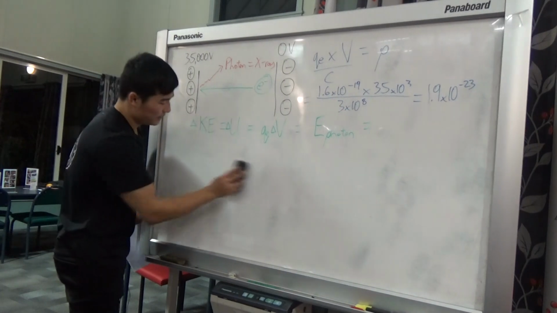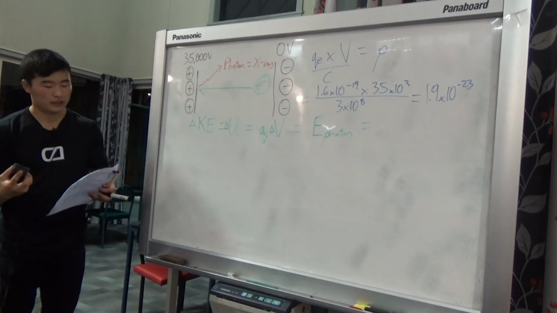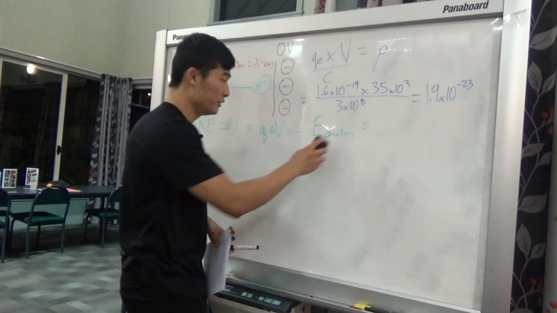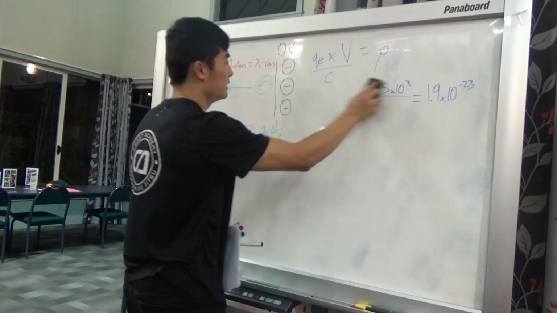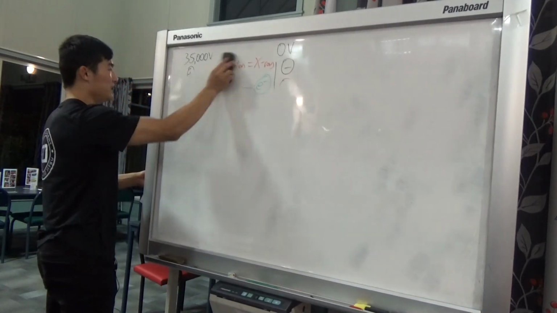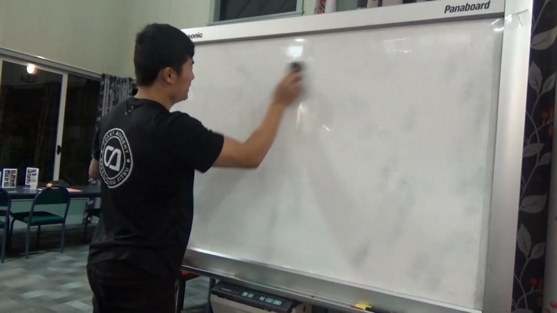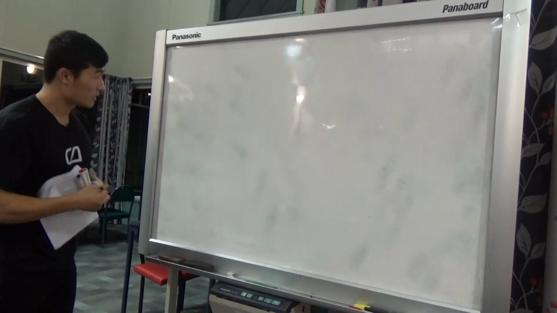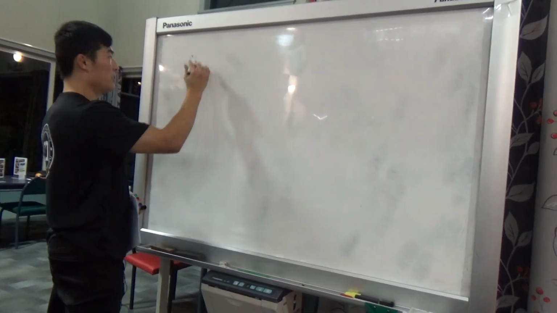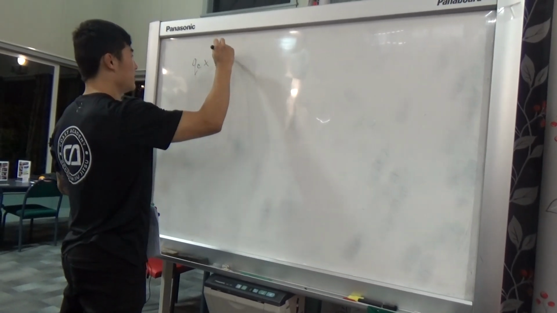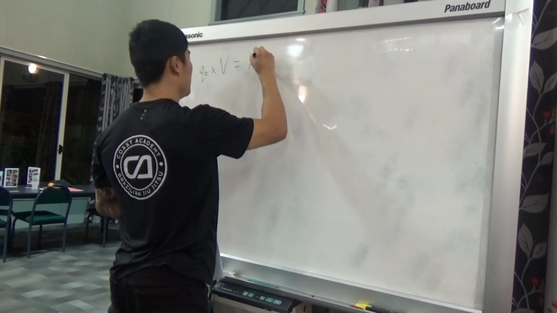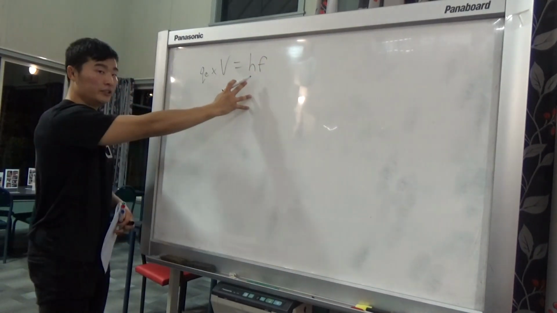So whenever you have an X-ray tube and they talk about voltage, you're going to use these equations. I'll write them all down, but I have them on my cheat sheet anyway. You have this one: the charge of an electron times voltage is equal to HF. If you wanted frequency, you would use this equation.